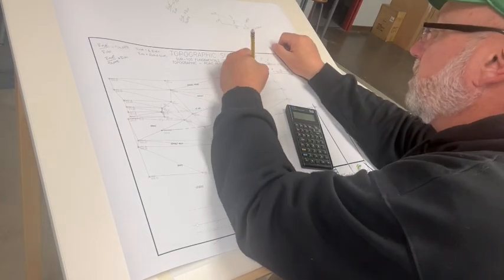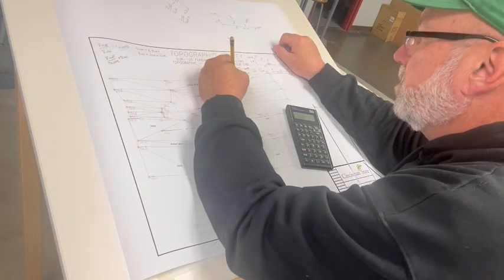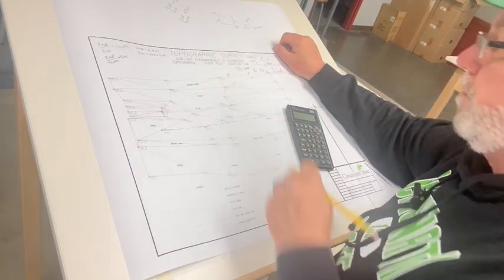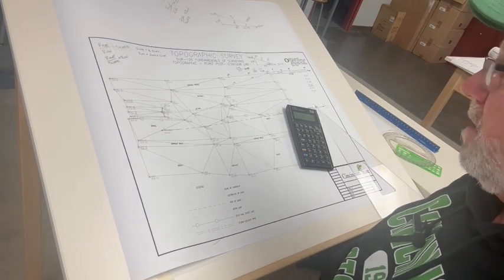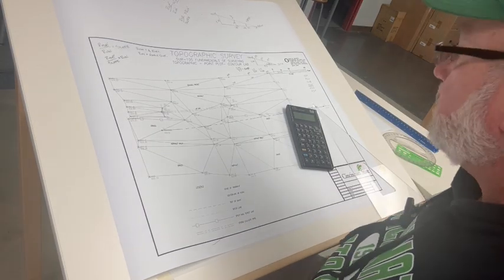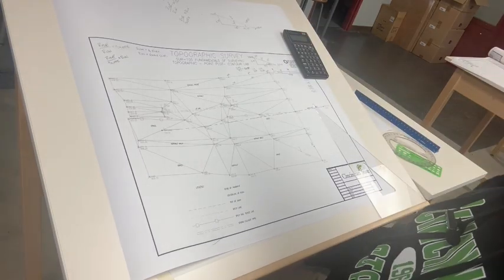So here's where my 926 falls, my 928. This is a process we're going to want to complete for every side of every triangle we have here. The math is not that terribly difficult.